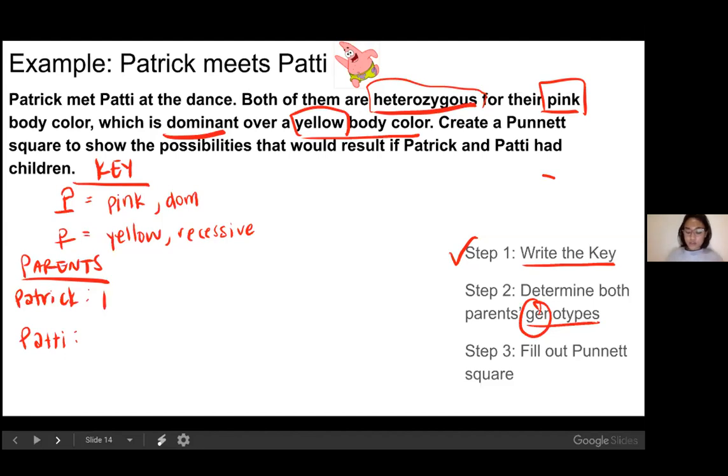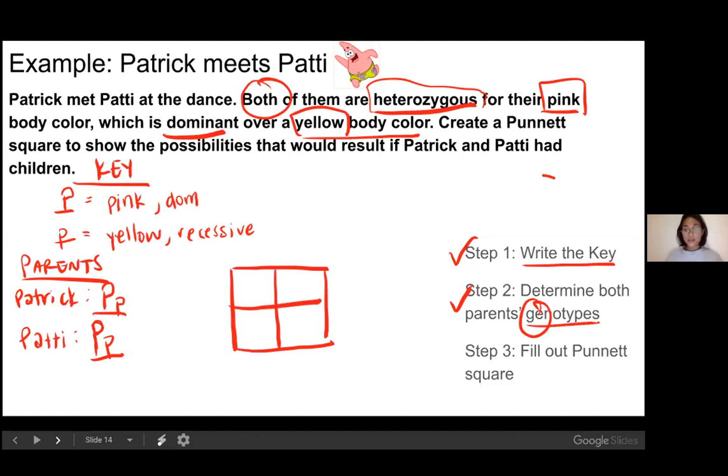So since Patrick is dominant pink, I'm going to do big P and little p. And since it says both of them are heterozygous, Patty is also heterozygous, so she has a capital P and a little p. I just got that from reading the problem. So now I have my parents' genotypes. Finally, I can fill out my Punnett square. So I'm going to draw my Punnett square like this.